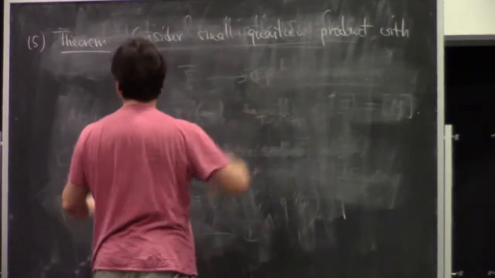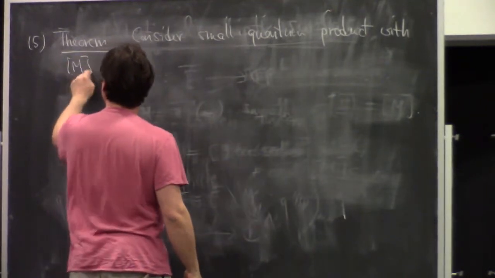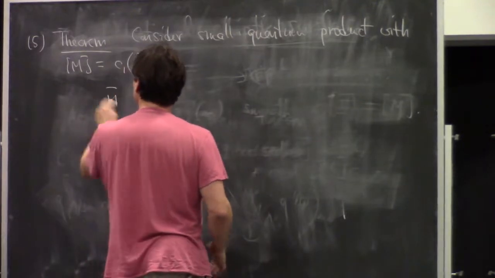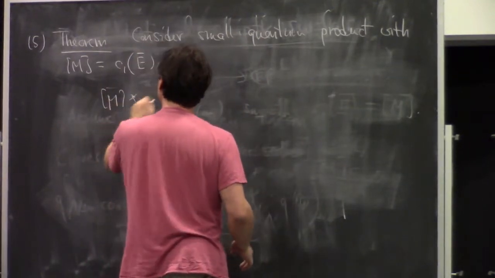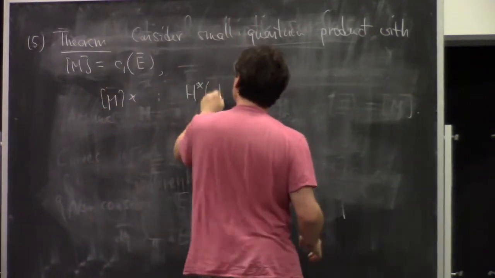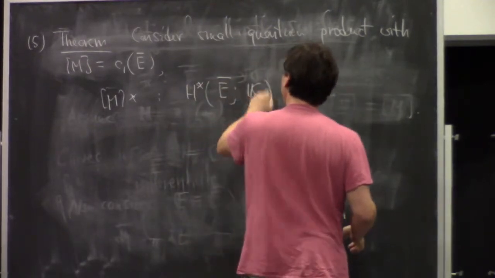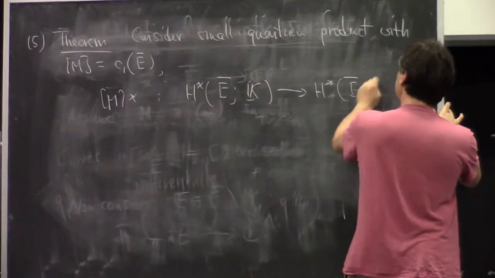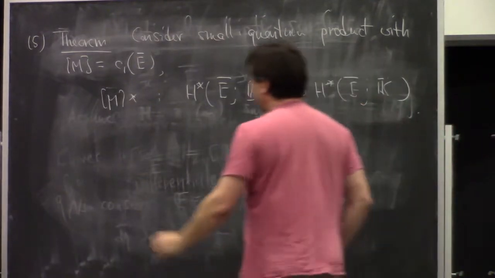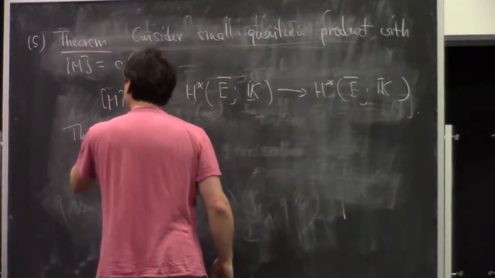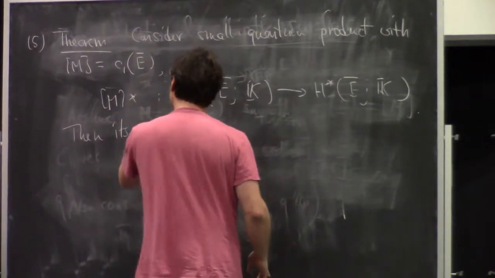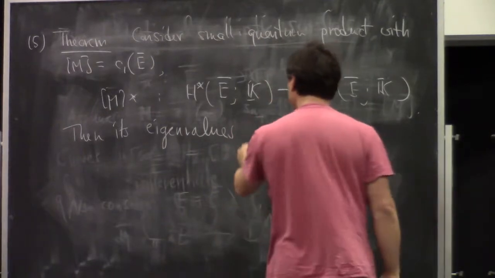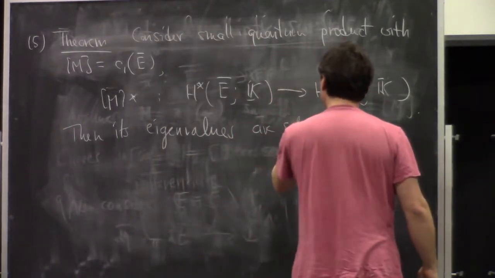So consider a small quantum product with the fiber, which I remind you is this guy here. So the small quantum product with the fiber is an endomorphism of the cohomology, okay, so then its eigenvalues are solutions.